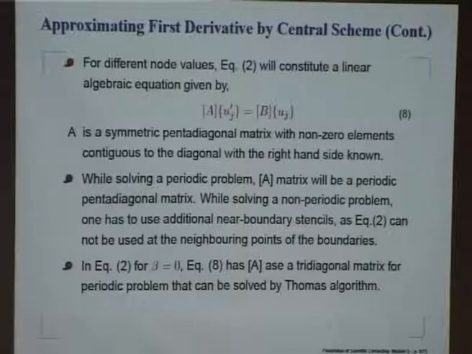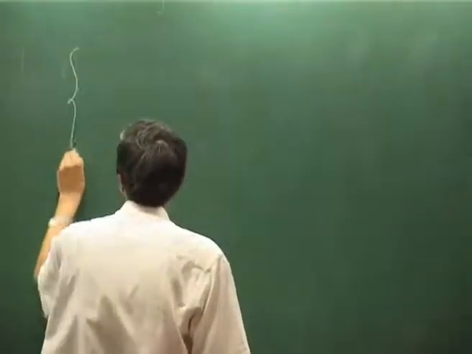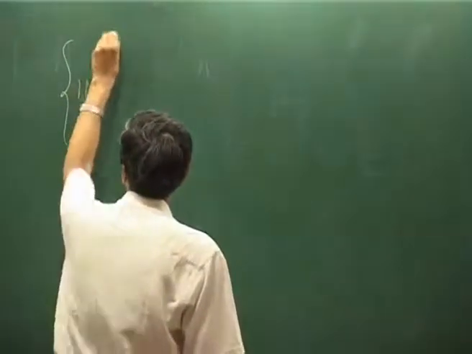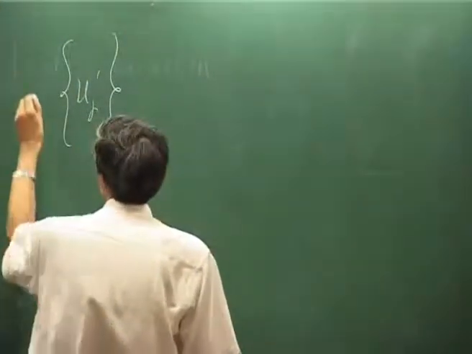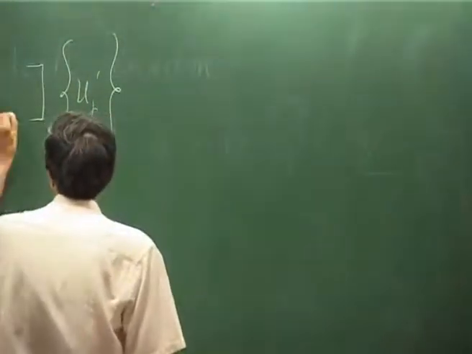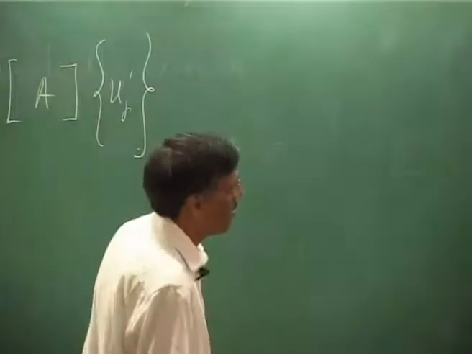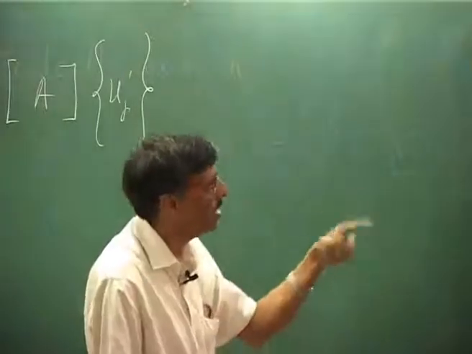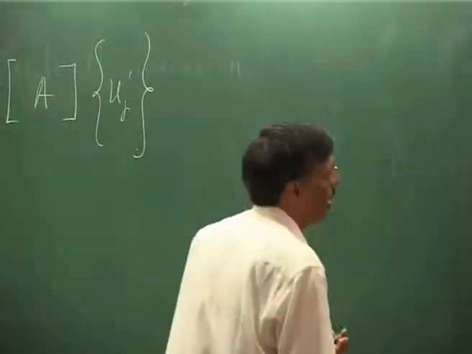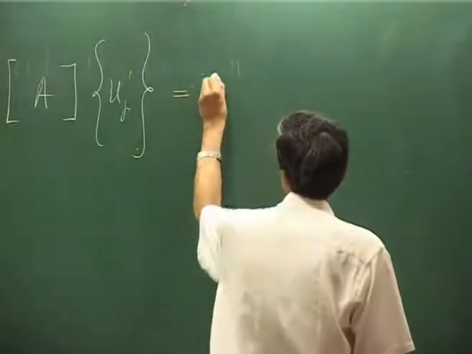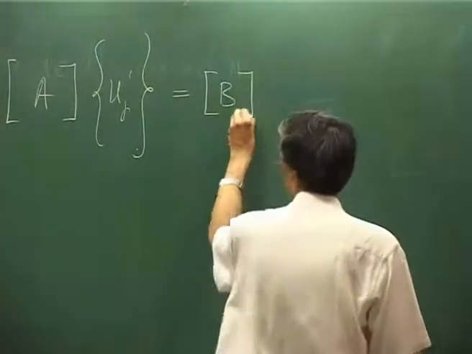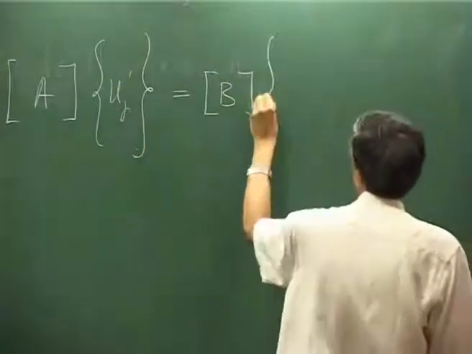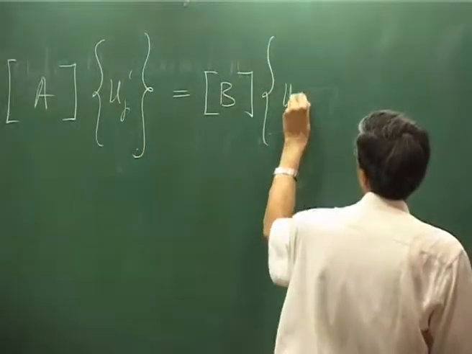In computing, as you can see on the left hand side, you have the unknown derivatives, which I can write as a vector, and that should be multiplied by a matrix which we are calling A. As you have seen, they turn out to be constant coefficient entries of this matrix A for the derivatives, and B the coefficients of the function.